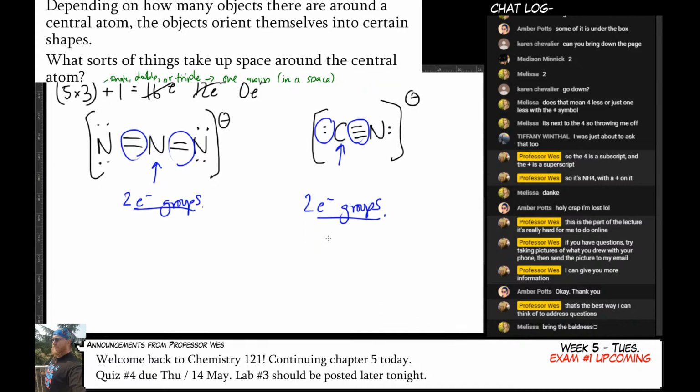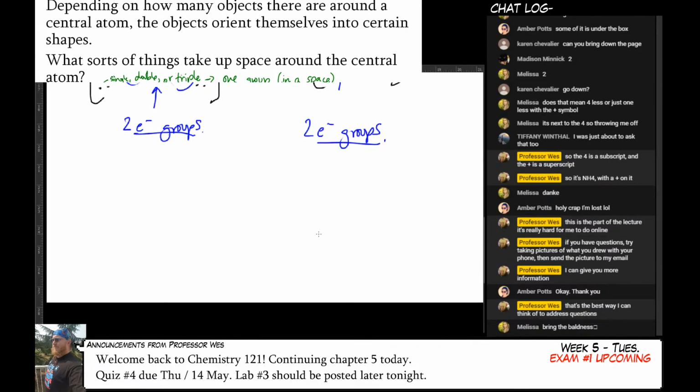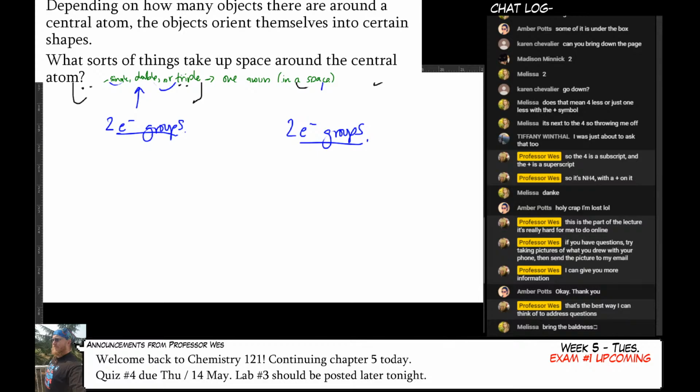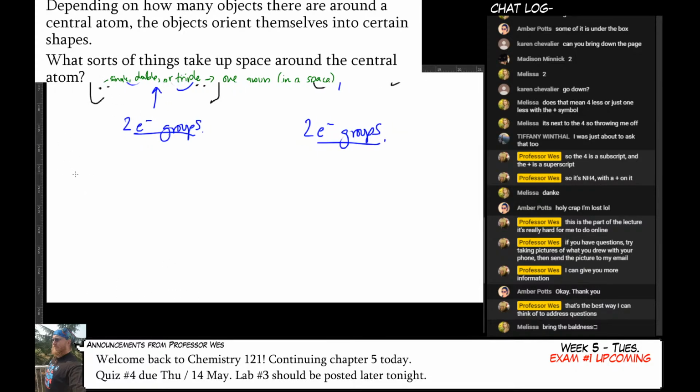Let's do some more examples here to count electron groups. I'm going to give you these 2 molecules real quick. I want you to draw the Lewis structure of these molecules. We'll do CF4, and then PBr3.